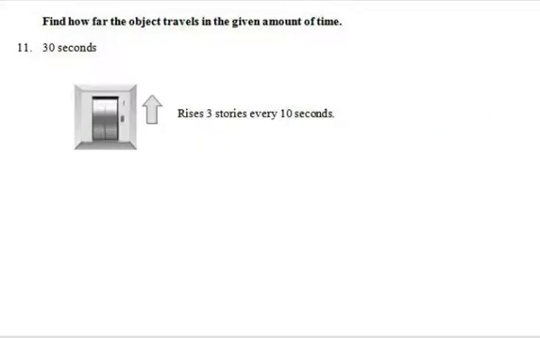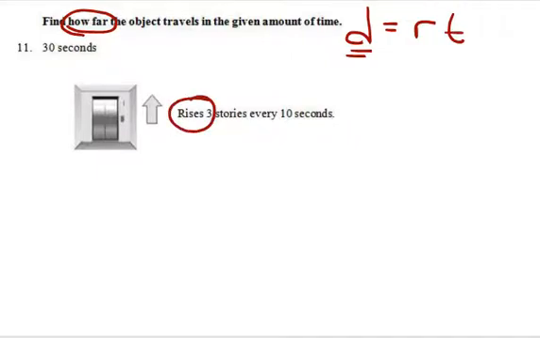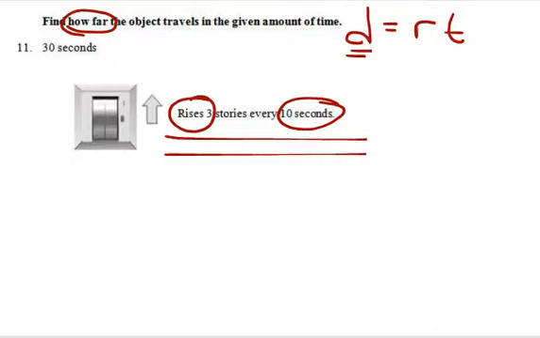And the last one for this video is how far. Once you see how far, it's a distance question. Give me your answer as a distance. And distance equals rate times time. And rate is a comparison of distance to time. There's time mentioned in two places here, but there's only one of them where it's related to a distance.